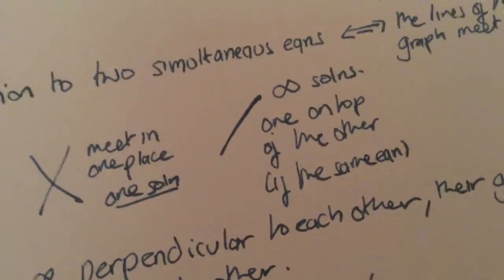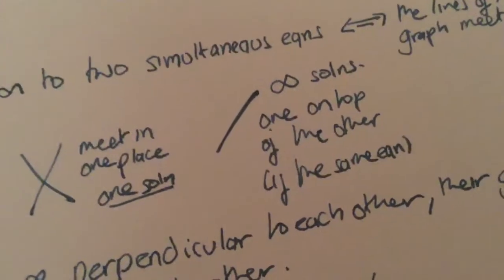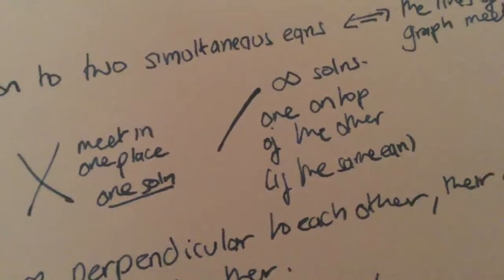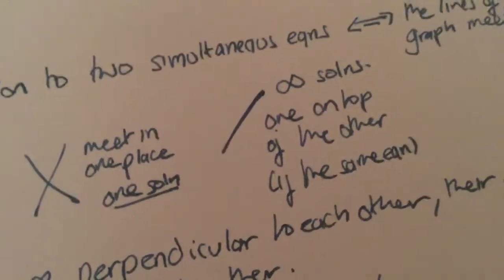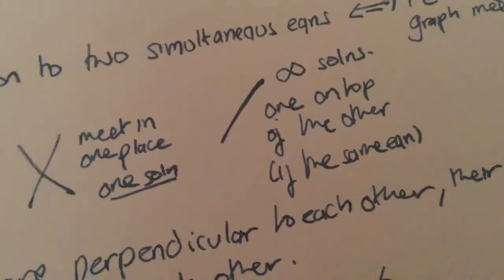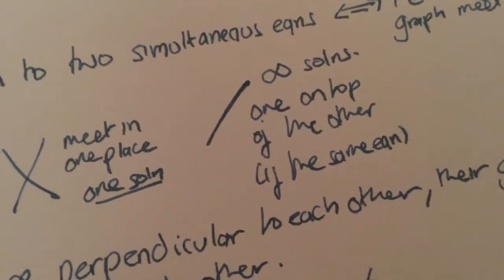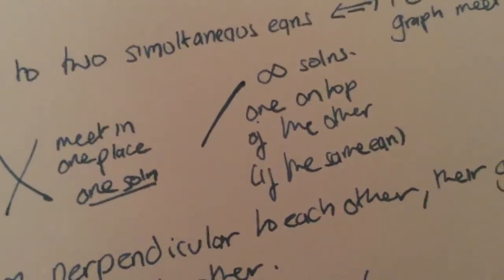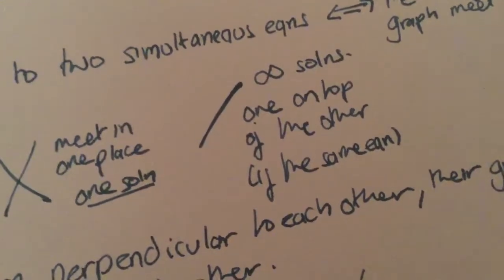How does that happen? If you've got 2 equations that are actually the same equation. Let me give you an example. If you sketch y equals x plus 2 and 2y equals 2x plus 4, then you'd have the same equation twice effectively, just the second equation has been multiplied by 2. You can do this on Desmos if you want. So just to recap, y equals x plus 2, 2y equals 2x plus 4, you'd get one of them lying on top of the other one.